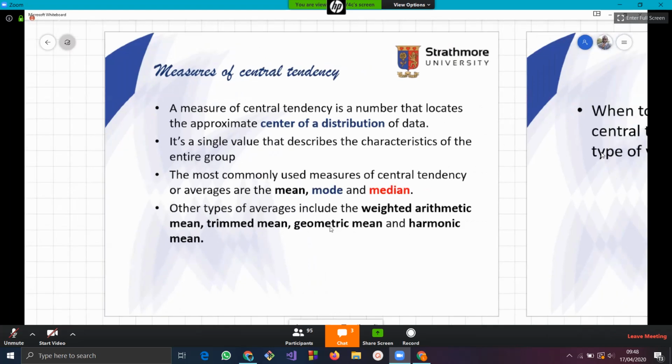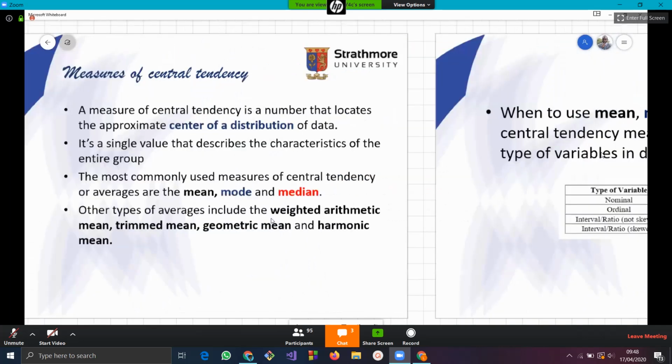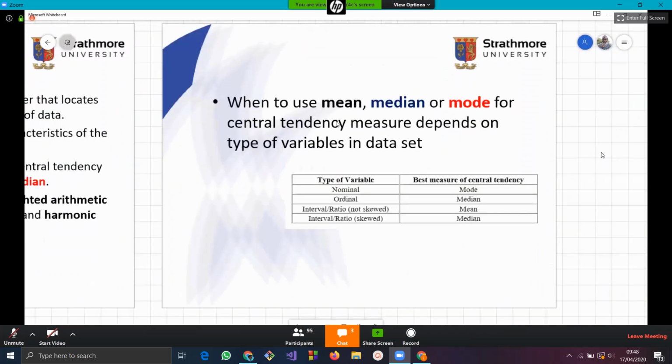Then on this side now, here comes the importance of knowing the different scales. When do I use mean, median, or mode to describe the center of a data set or the center of a distribution? Okay, it depends on the type of data you have. Here is the statistical advice. If you have nominal data, you cannot compute the mean from nominal data. So we normally use mode. If I have ordinal data, we use median.